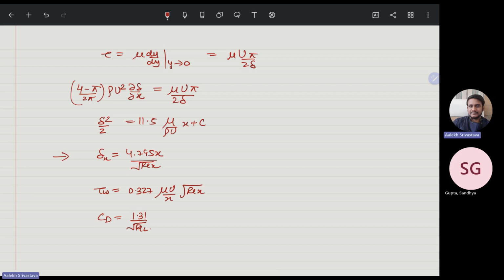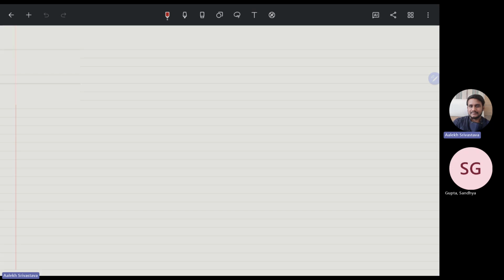Similarly, momentum thickness and displacement thickness can be found out. So for various velocity profiles, the solutions are obtained for delta and CD, the two important terms.